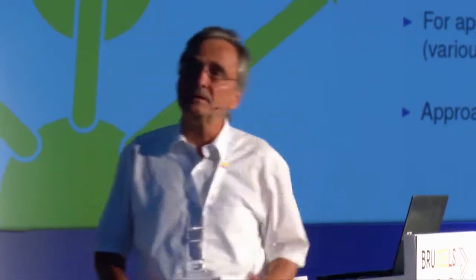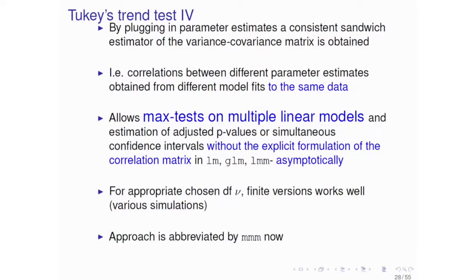And that works in linear models, in generalized linear models, in linear mixed models, and in future also in generalized linear mixed models. However, only asymptotically clear. It's an asymptotic approach. That's very important. That was a step in my research when I realized this problem, because I failed sometimes to formulate complex correlation matrices by calculus.